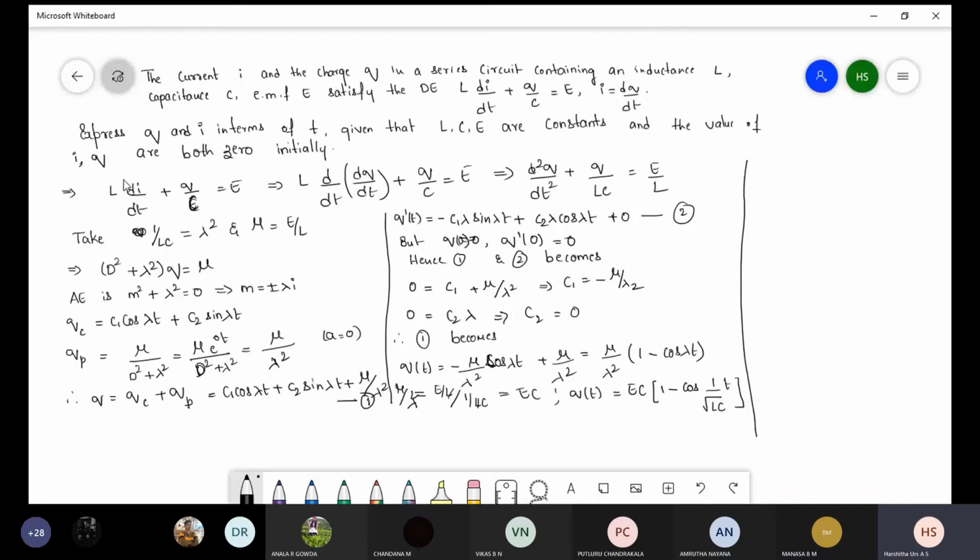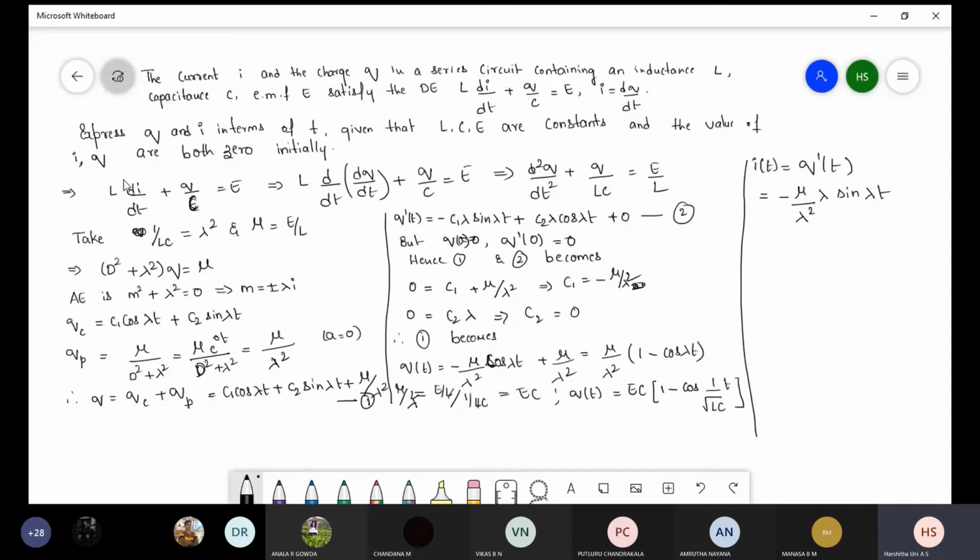Now, I of t is nothing but Q dash of t. That is equal to, again C1 is minus mu by lambda square into lambda sine lambda t.